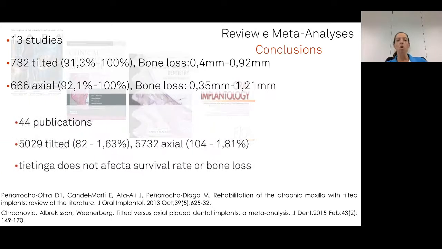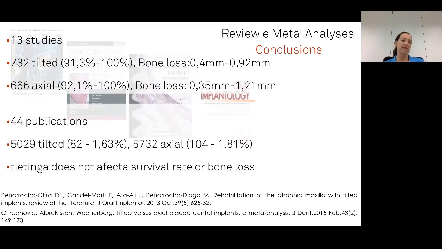You can also see from the meta-analysis from Krkonovic in 2015 that he got together 44 publications, and from his meta-analysis, as you can see, 1.63% of the tilted implants failed and 1.81% of the axial implants failed.